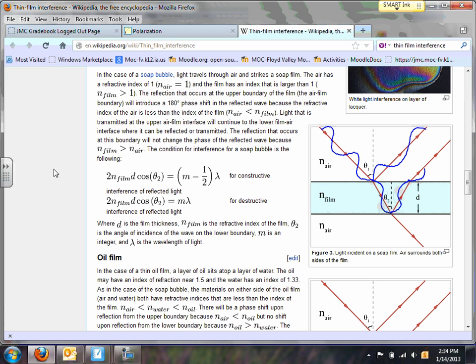But remember, when it reflects, this one actually gets inverted, so it would look more like this, and therefore the bottom will line up with the bottom, top will line up with the top, and so on and so forth.